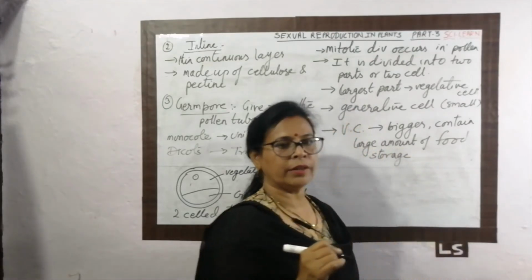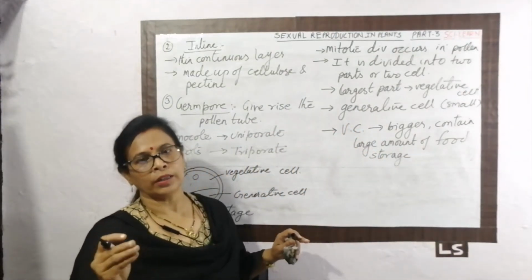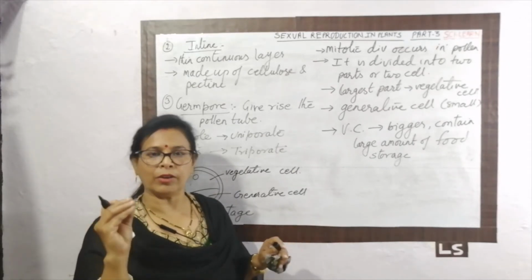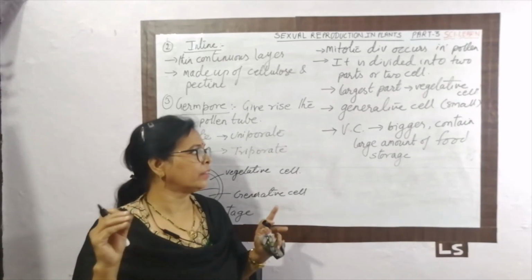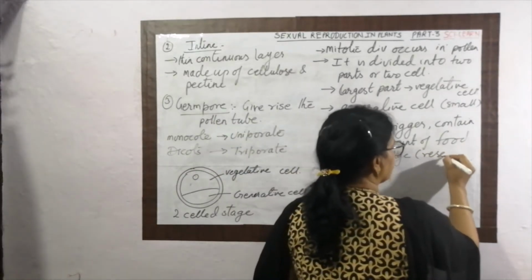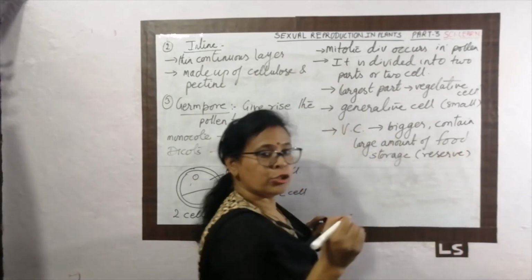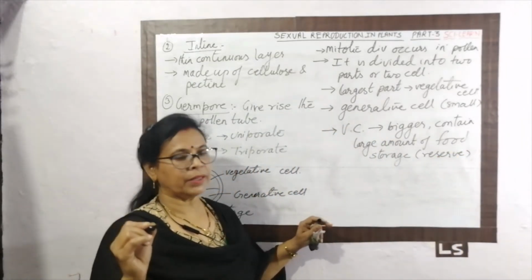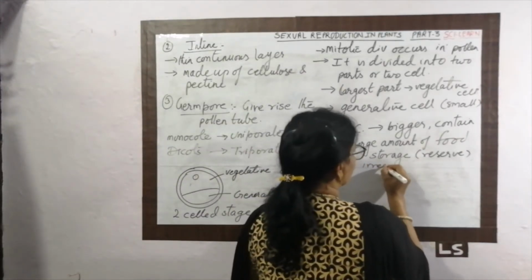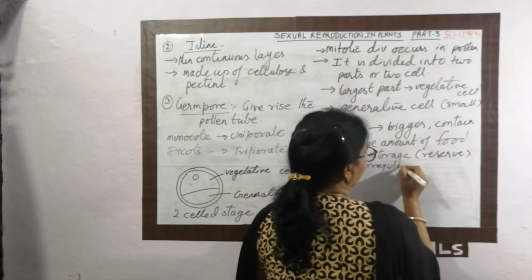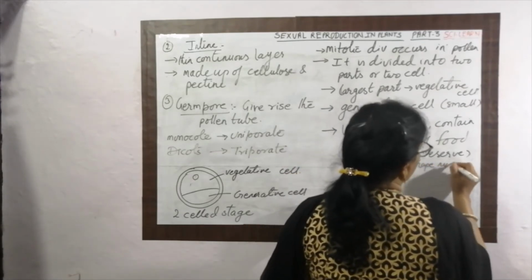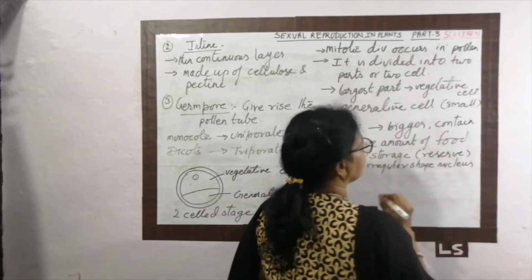Why is the food stored here? It provides food for the developing gametes. Also, it has a nucleus, but it is an irregularly shaped nucleus. This is the peculiarity of the vegetative cell.